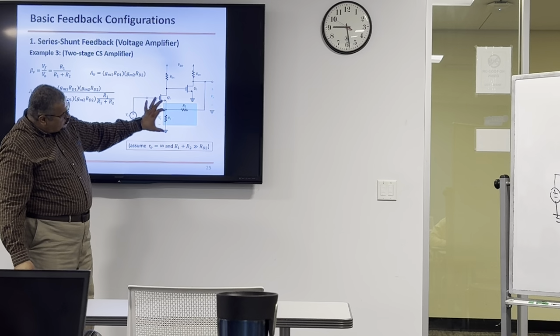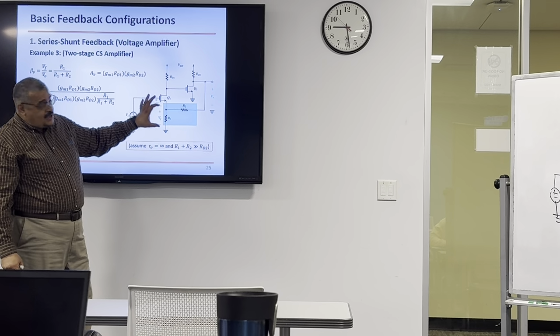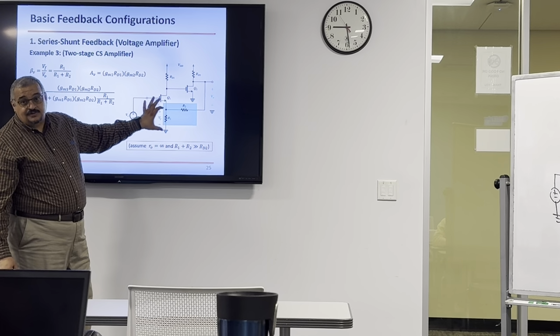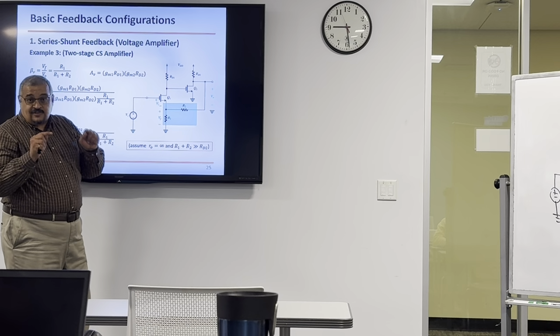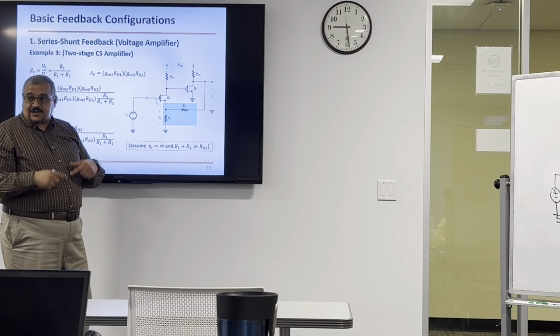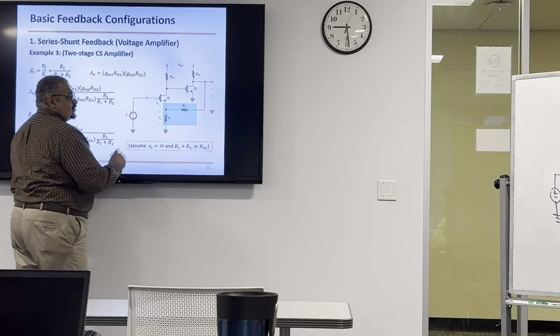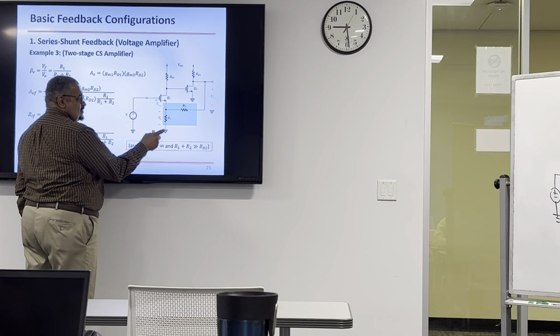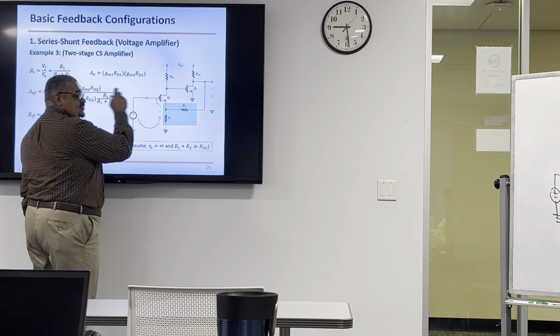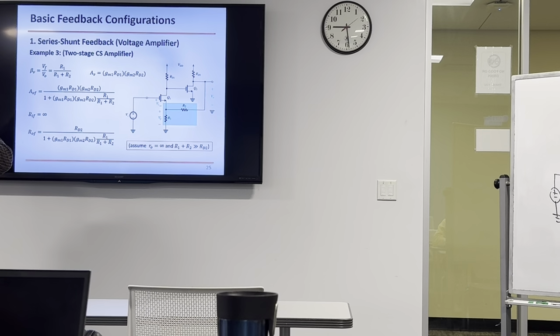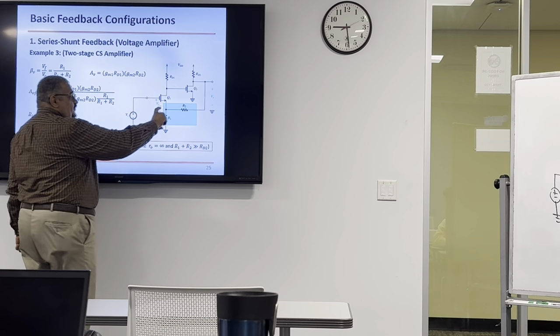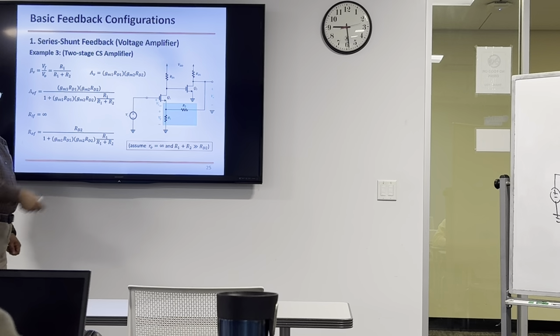One way to recognize this: if the two terminals of the feedback output are both in the loop of the input circuit, that means a series connection. You can see the R1 terminal and the other terminal, both of them are in the input circuit. So that means the feedback voltage is mixed in series.